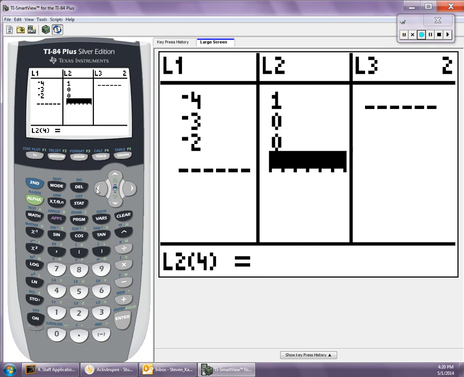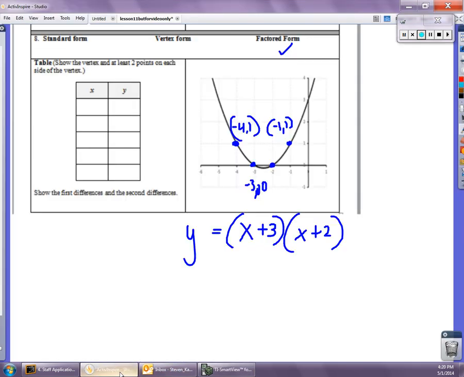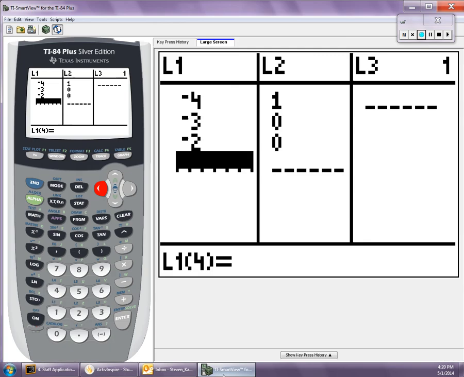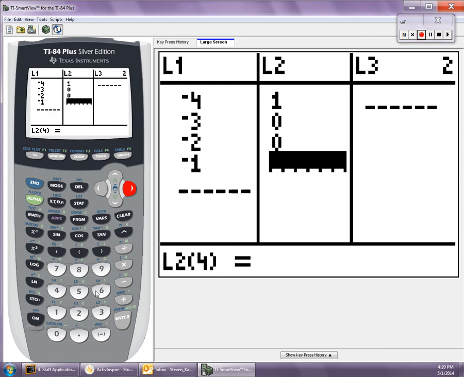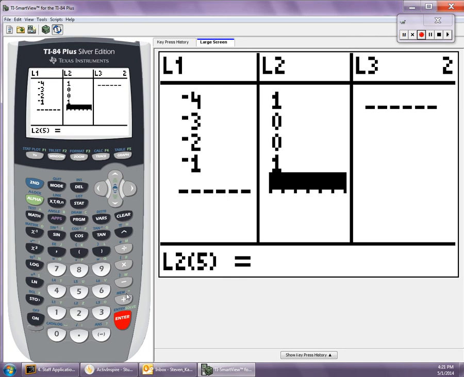And the last point, I believe, was negative 1, 1. Now again, if we knew that these were the actual points, this would work out fine. But I just want to show you the process and what you do in order to write this in standard form, just to double check that you know what the dilation is.